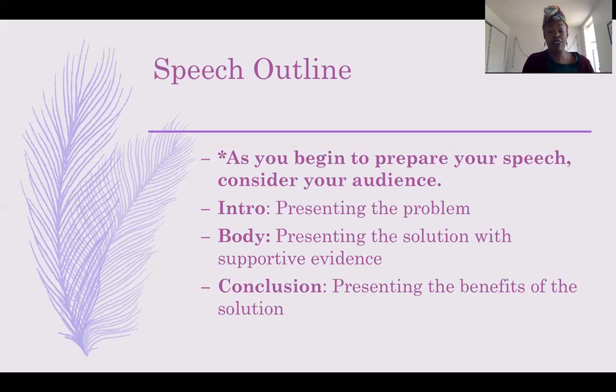All right. And then once you figure that out, as you start to carve out your outline for your persuasive speech, you want to get into the intro where you're presenting the problem. This is the issue, right? With a persuasive speech, you're always presenting a problem at hand that you have a solution to, right?